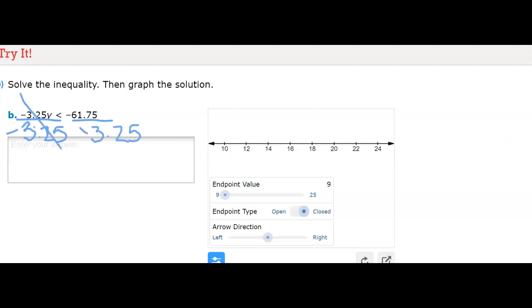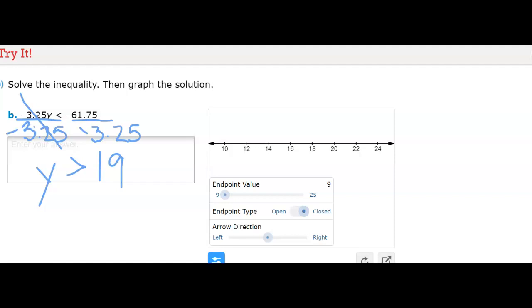So we're going to cancel that. We're left with y. The symbol changes direction to now being greater than, and then -61 and 75/100 divided by -3 and 25/100 is equal to 19. So y is greater than 19.